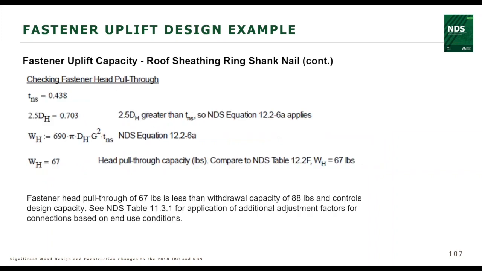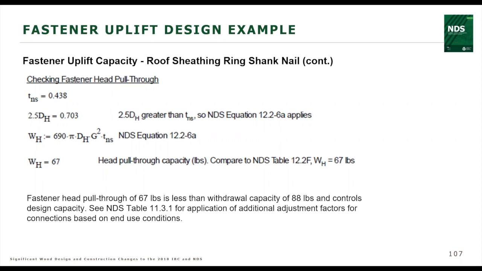Checking our fastener head pull-through limit state, we see that 2.5 times the fastener head diameter is greater than our T sub NS, the net thickness of our side member. So we're going to use NDS Equation 12.2-6A.